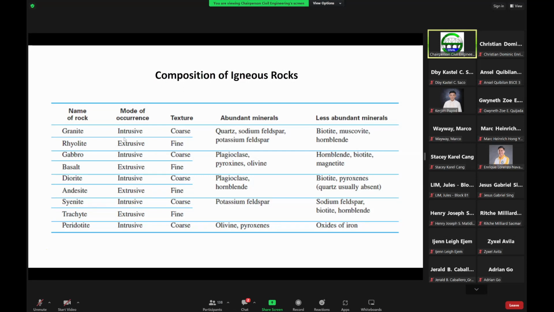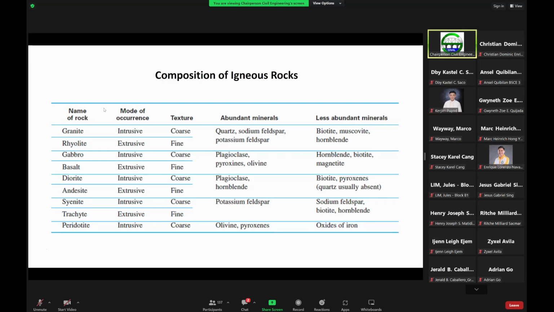Again, for igneous rocks, there are two major types: the intrusive rocks and the extrusive rocks. For the intrusive rocks, the texture of the material is a bit coarse, whereas for the extrusive rocks, the texture of the material is a bit fine.